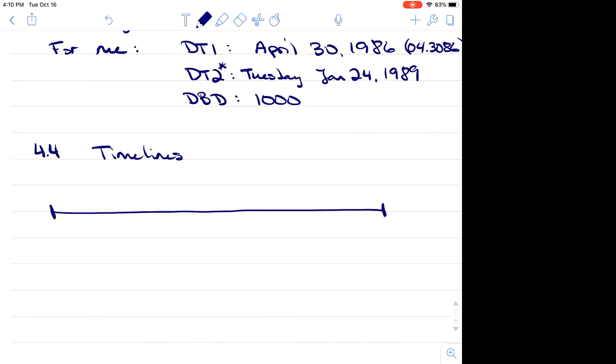And above these ticks, you're going to put either the dates if you know them, so January 1st, 2005, let's say, to September 9th, 2010, something like that.